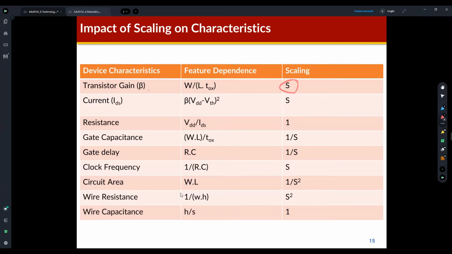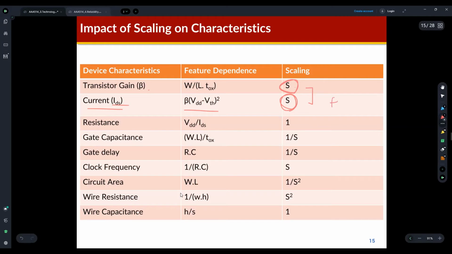Then the current is usually beta multiplied by VDD minus VTH, which means IDS also becomes S times that of the old device. I explained that if this current is increased, we can build a faster device.